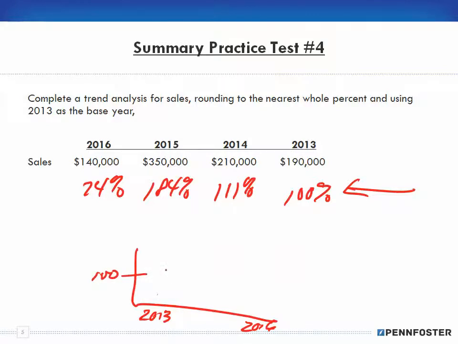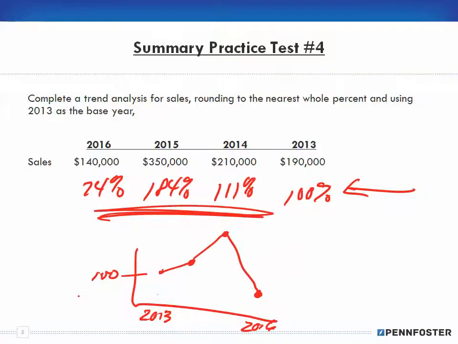So 2013, we're here. 2014, we go up to here. 2015, we go up to here. Then 2016, we drop all the way down here. And that's a visual representation of that data, which gives us our trend.